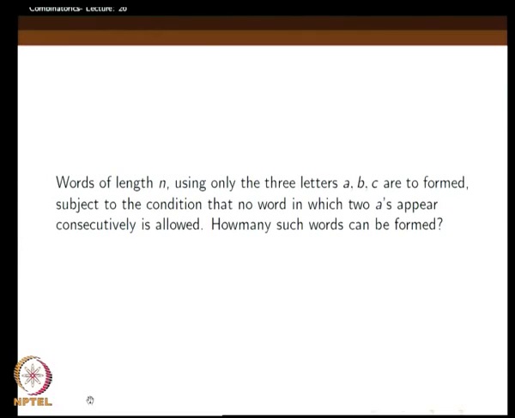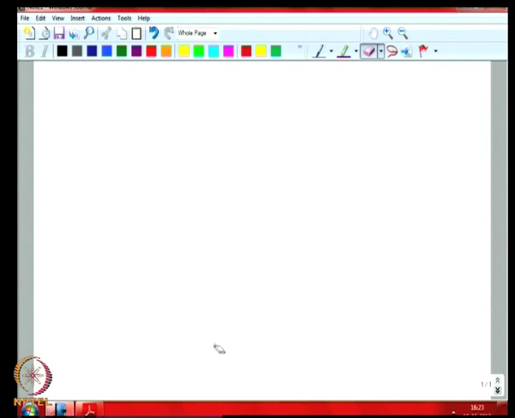So, for instance, you can look at this problem. Words of length n using only the 3 letters A, B, C are to be formed, subject to the condition that no word in which 2 A's appear consecutively is allowed. How many such words can be formed? I hope you understand the question.